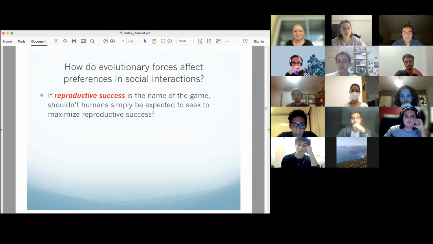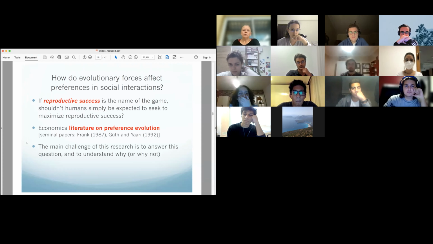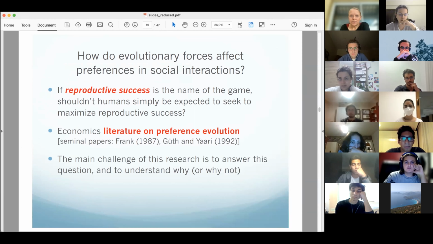And that's what this theoretical literature is about: identifying reasons why the answer to this question would be no, the conditions under which the answer is no. The seminal papers in economics, I'd cite these two papers as being the first ones really to ask this question and to provide formal models.